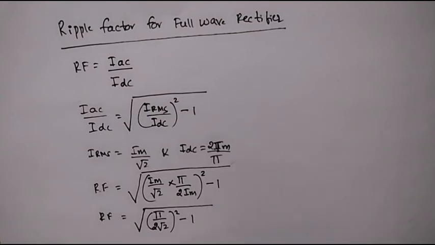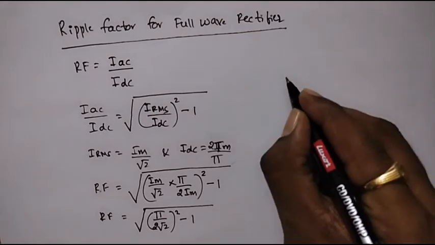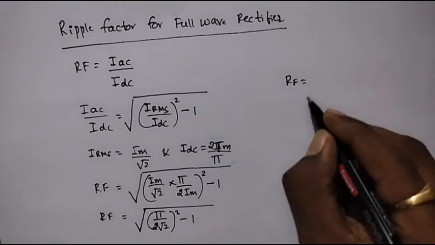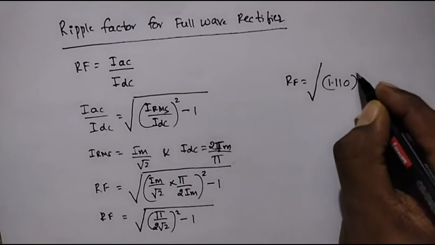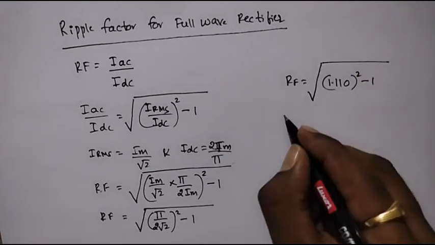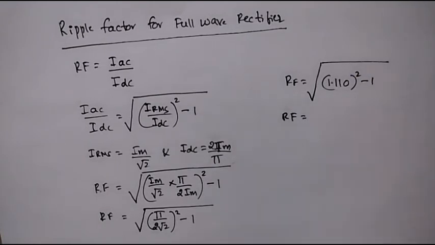So simplifying this further, I can write RF is equal to under root of the square minus 1.